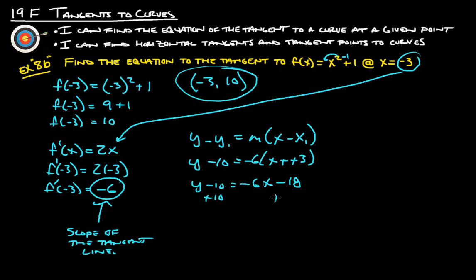Add 10 to both sides, and we get y equals negative 6x minus 8. That's the equation of the tangent to the function at x equals negative 3.